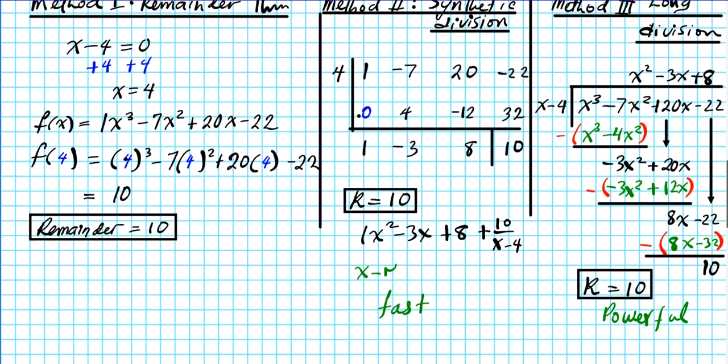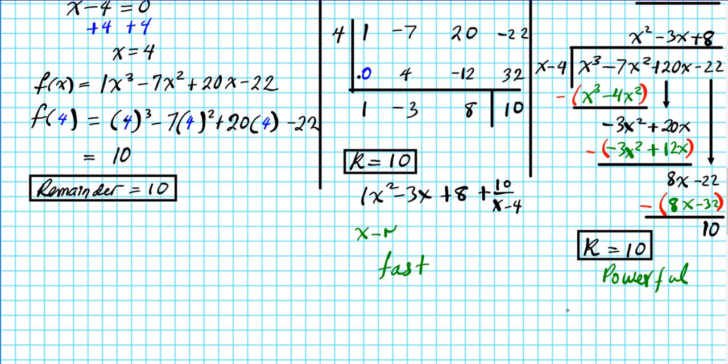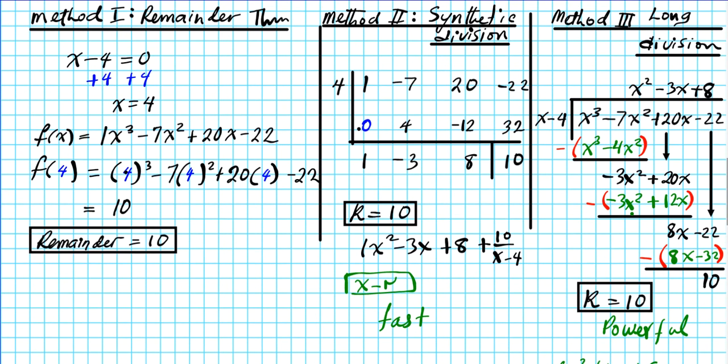But if you have a divisor that's of the form, let's say, ax squared plus bx plus c, or if you have ax minus r, if the divisor is not of this form, then this method could fall apart, or it could be very, very difficult to use, okay? So when it's presented in this form, you definitely want to use synthetic division, but in other forms, you end up having to rely on the long division.